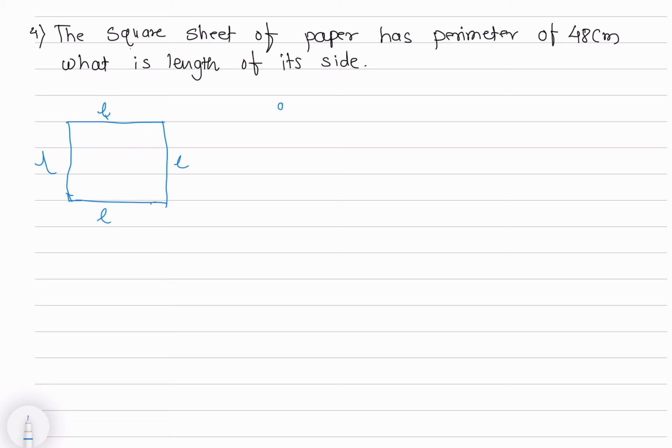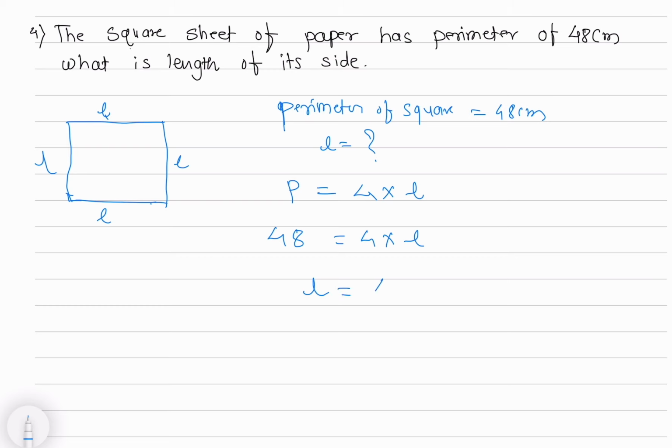So what is given here? Perimeter of square is equal to 48 centimeter, and we are finding the length. So what is the formula of perimeter? 4 into length. So 48 is 4 into L. So L is equal to 48 divided by 4.